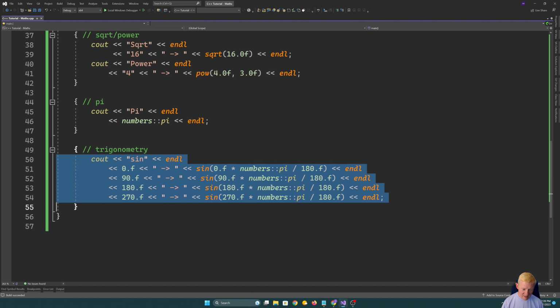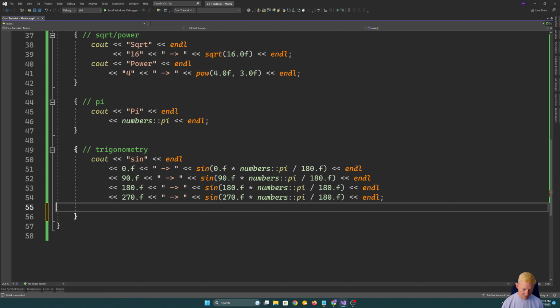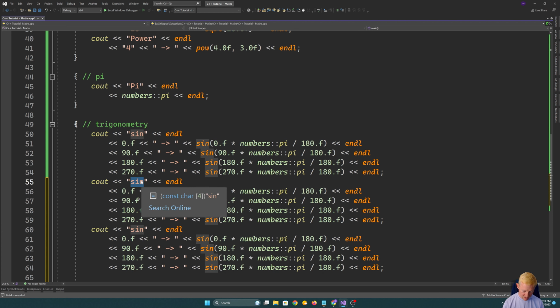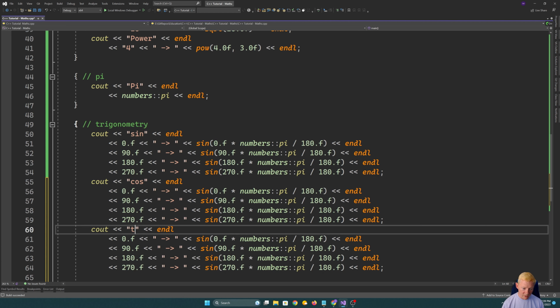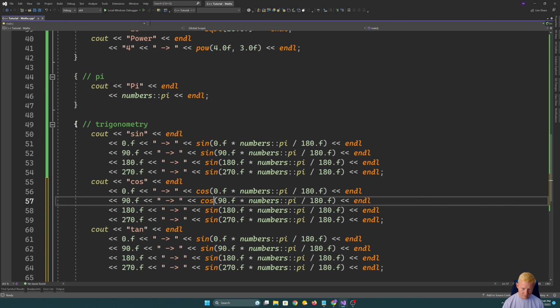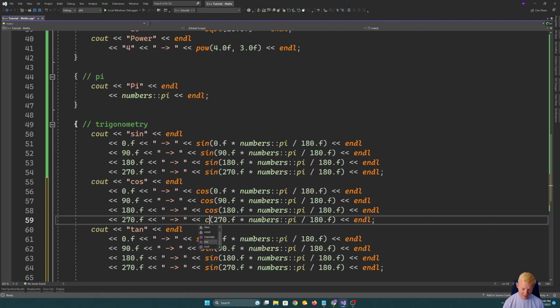We can reasonably assume then that something like cosine or tangent will also work, but we'll double check just to make sure, because we know what sort of pattern we should see with them.